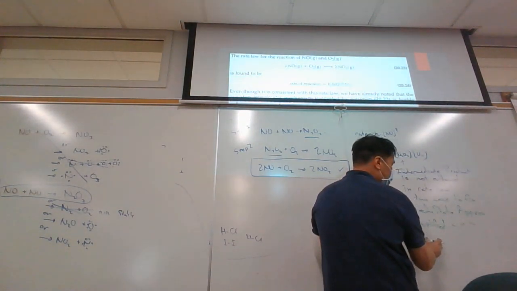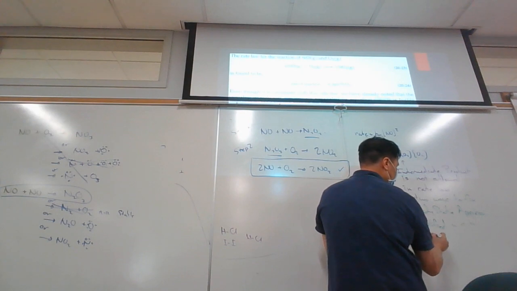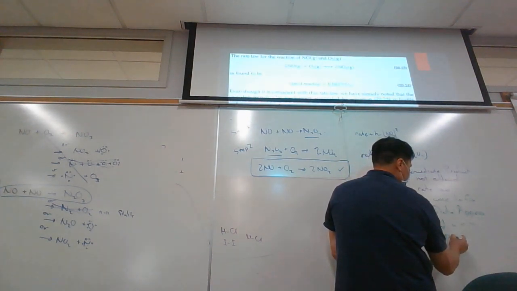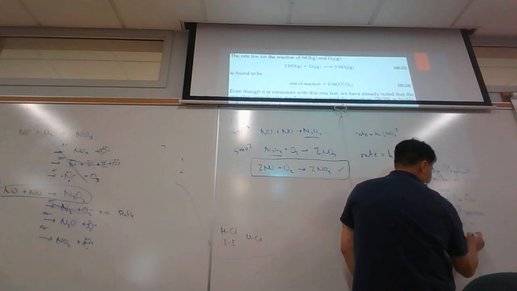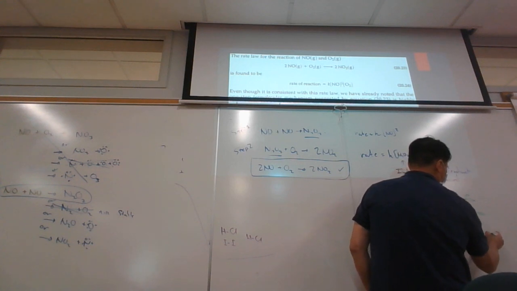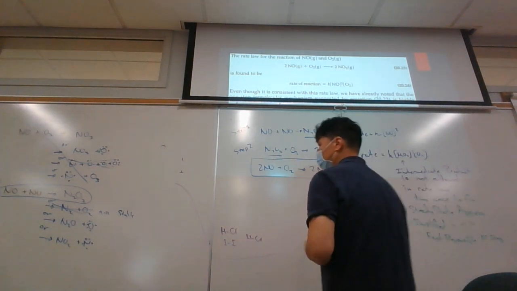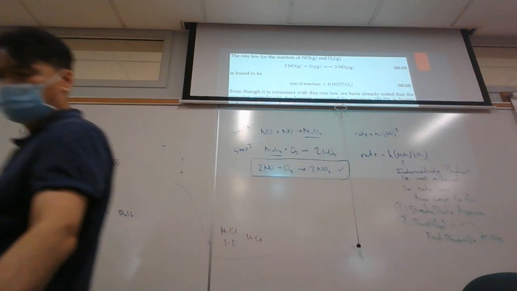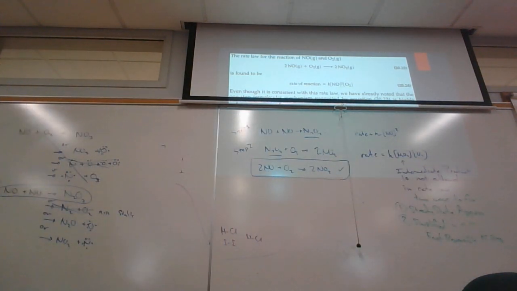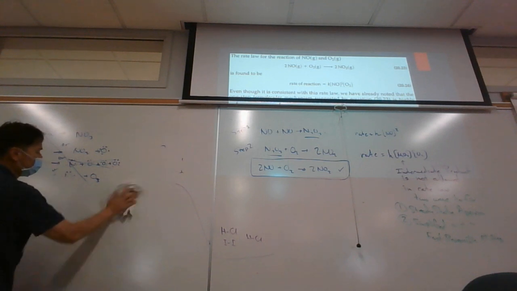And the simplified version of the steady state approximation is called the fast reversible first step. So what I want to do is I want to do the fast reversible, the simplified way first.